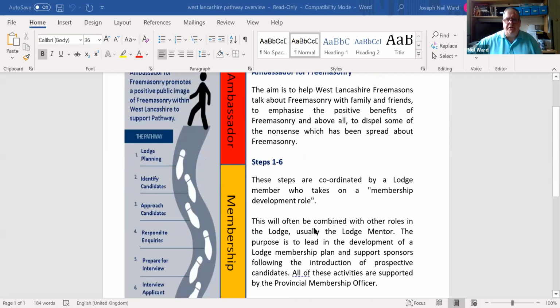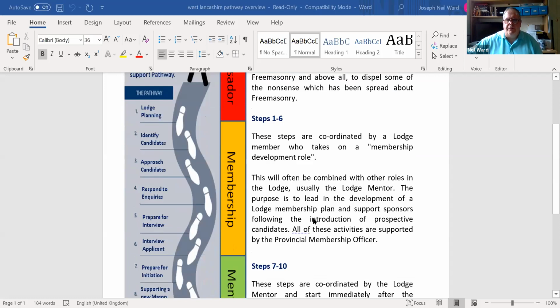So then steps 2 to 6 are under the membership team, and that's dealing with the candidates, both from the internet and helping lodges if they need help interviewing candidates. The interview for the candidate, really how many people would like to be interviewed in front of a full lodge committee of old men?